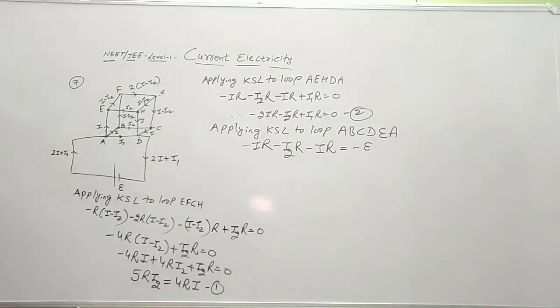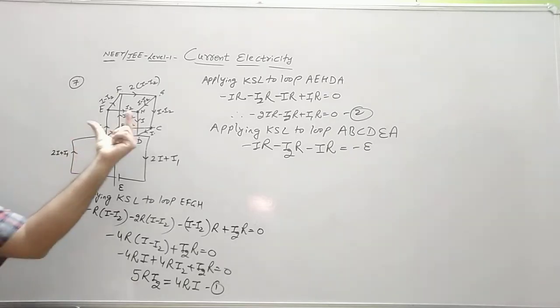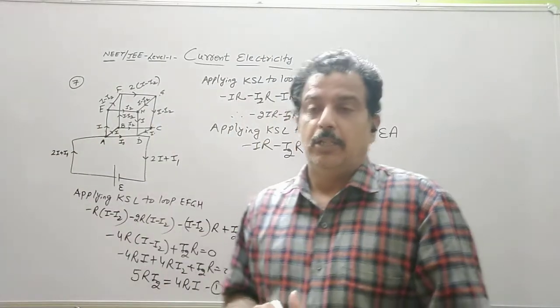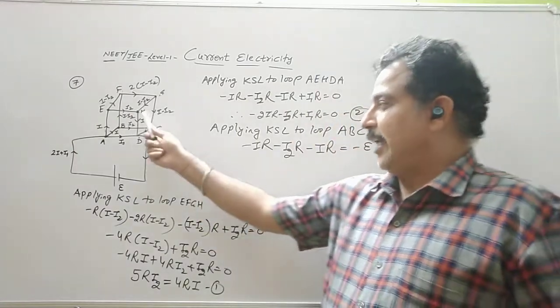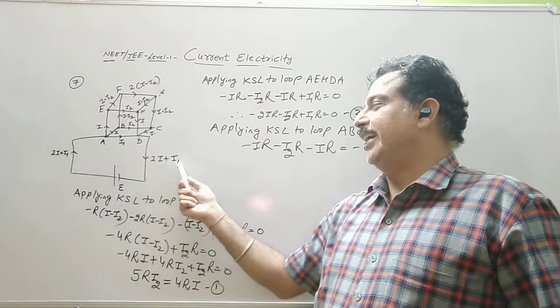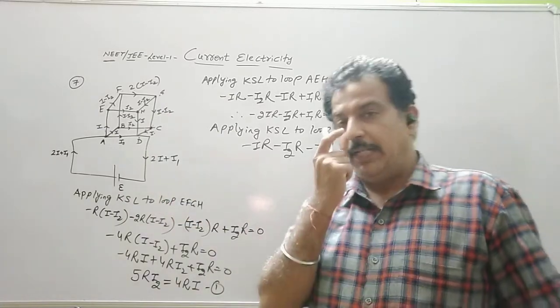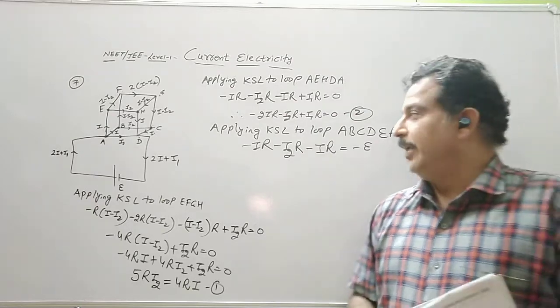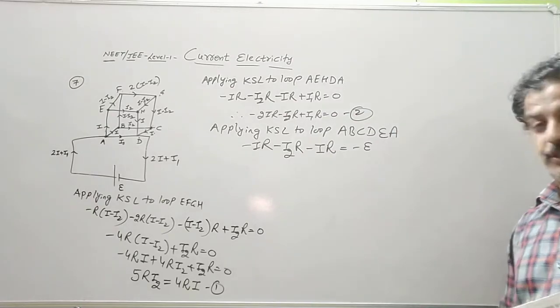See what you have to eliminate in this. We know in the end we will apply the Ohm's law after removing this skeleton. So in the end we know when we remove this skeleton, then in the Ohm's law we will be left with I and I1. So you need to eliminate I2 from the equation.